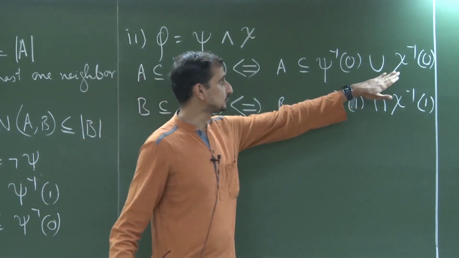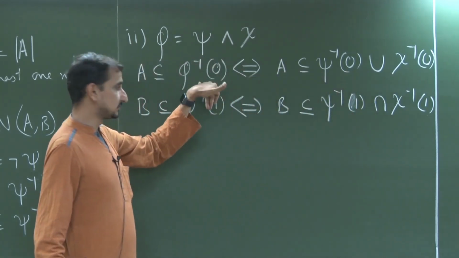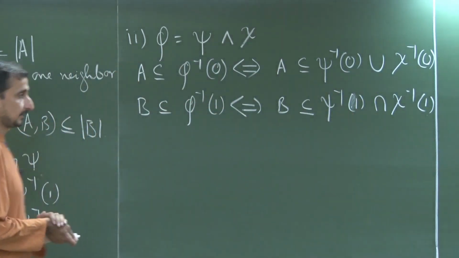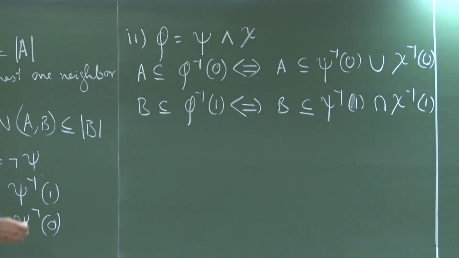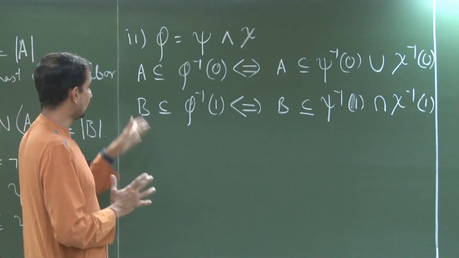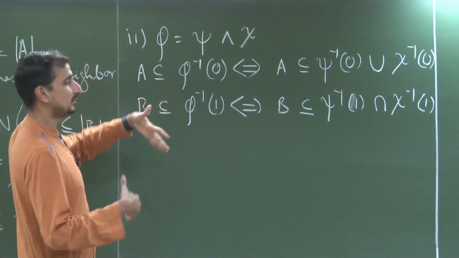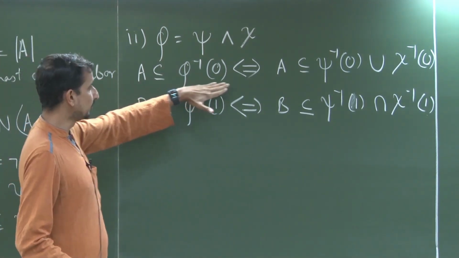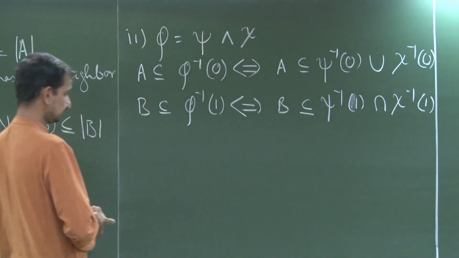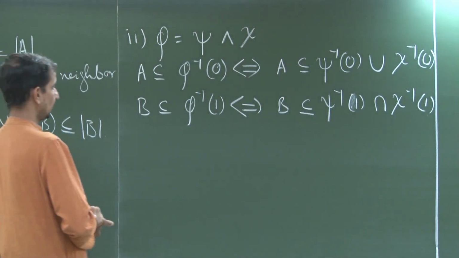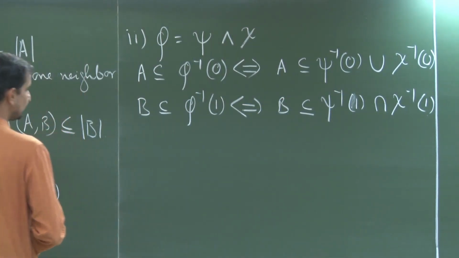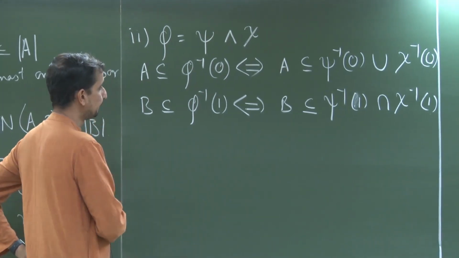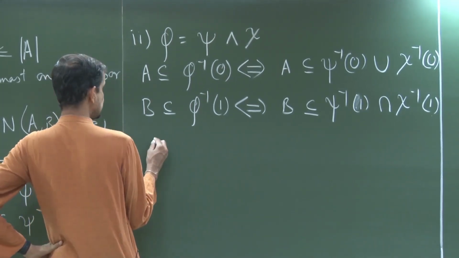So, if either of them goes to 0, then this would go to 0, and if both of them go to 1, this will be 1, right. So, now we know how to express an input in terms of the subformulas over here.